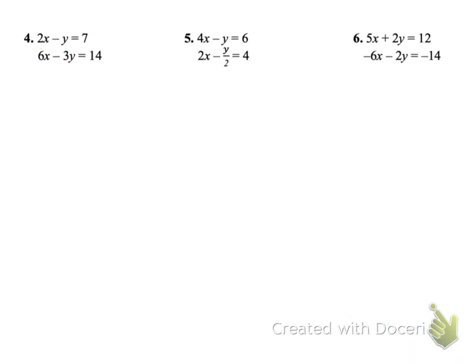Next one's here, we're going to work on elimination, okay? So, if you look at number 4, there are different ways we can do that. Anyone having a preference on what they want to try and do here? Eliminate the y? Okay.